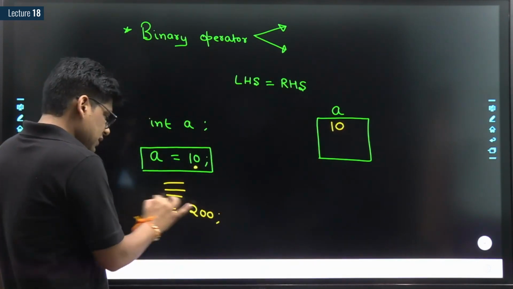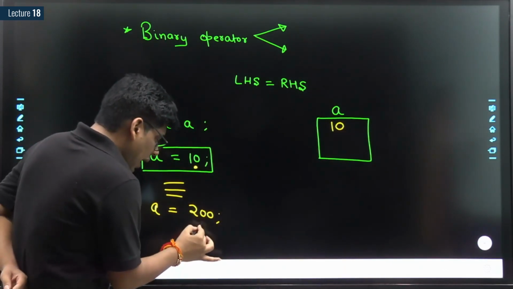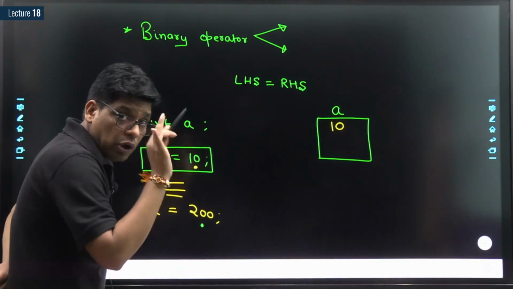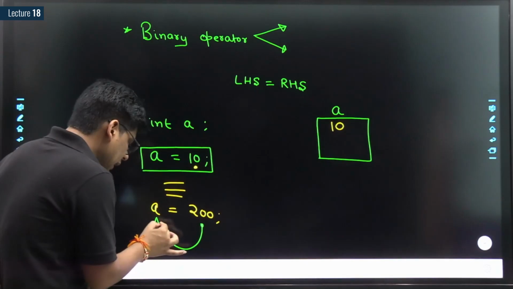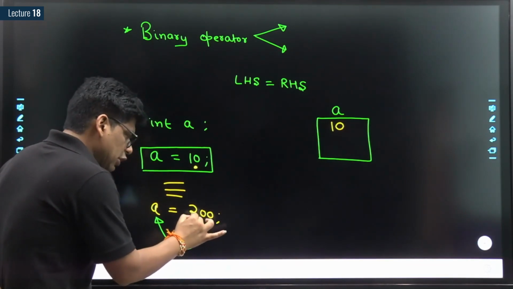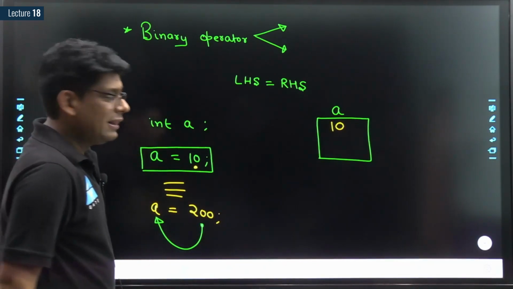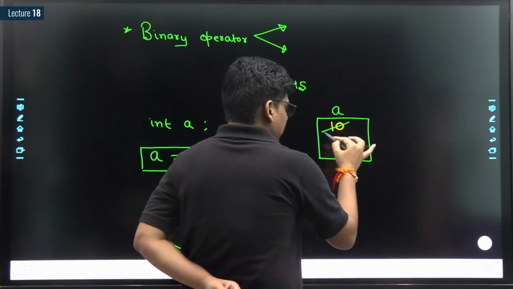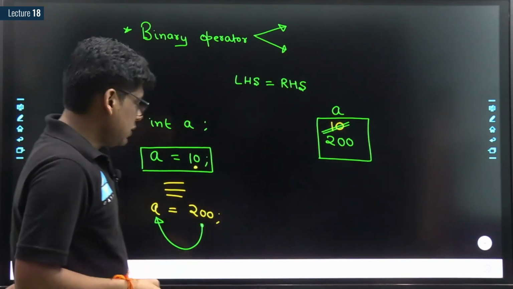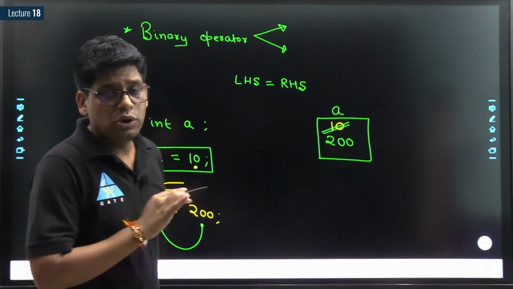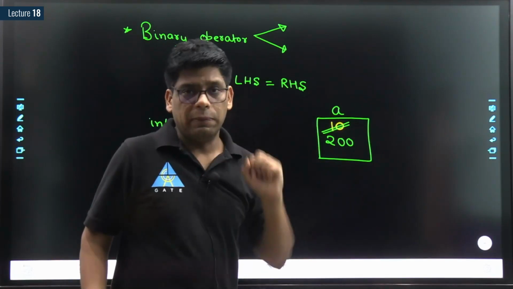But now, since there is an assignment statement, we are saying, put this value inside the variable A. That means update this value 10 to 200. So what is the meaning of assignment? Assignment does not do anything else. It updates the value of a variable.